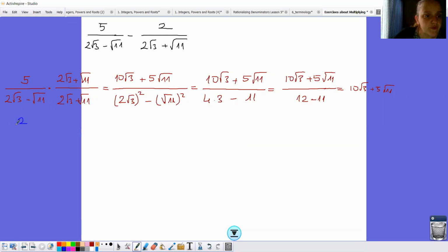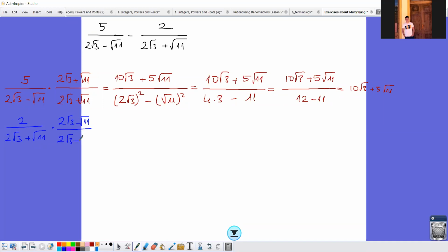We have 2 over 2 root of 3 minus root of 11. Plus root of 11, yes. And now we multiply this with 2 root of 3 plus root of 11 over 2 root of 3 plus root of 11.